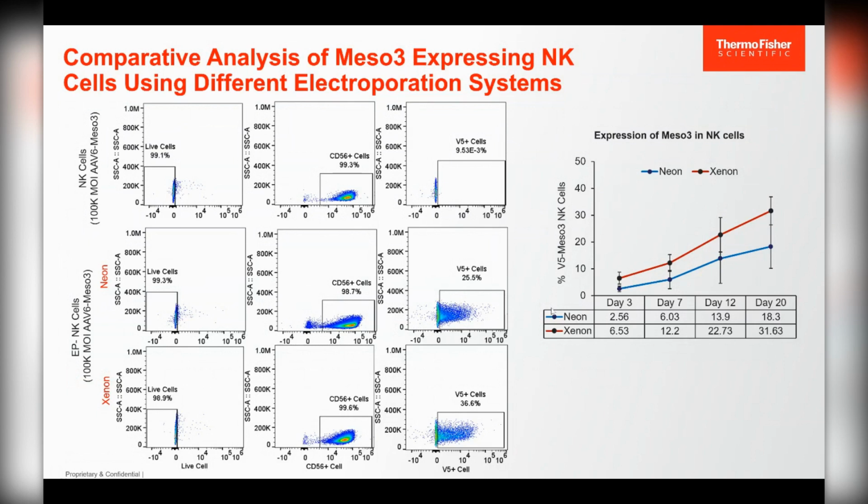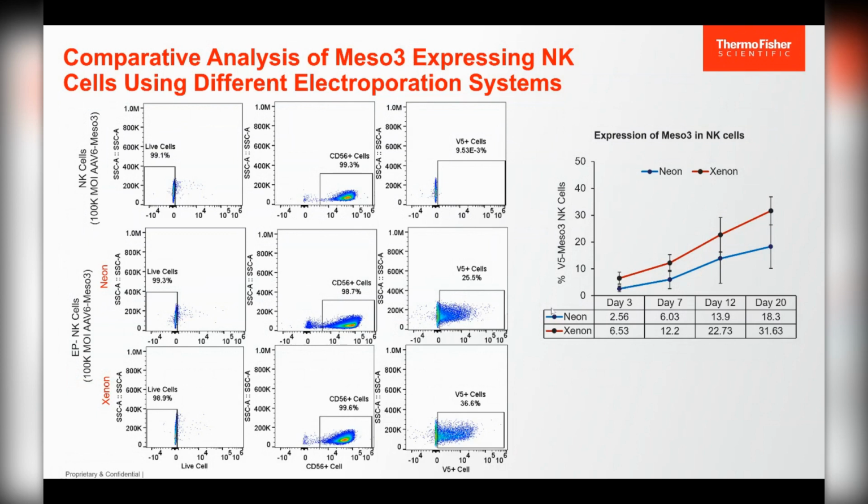In the middle, we edit the NK cells, we knock out the AAVS1 region with the Neon, and in the same region we try to knock in with the AAV6 meso 3, and we can see the Neon shows around 26% CAR positive cells. However, the Genome system shows around 37% CAR positive NK cells.